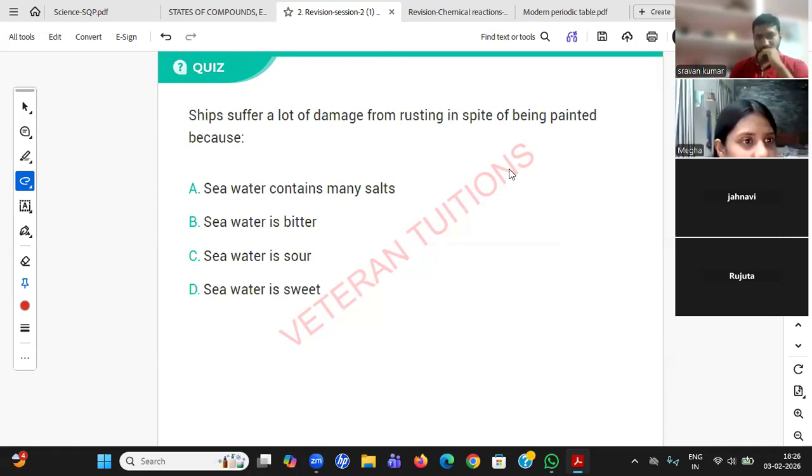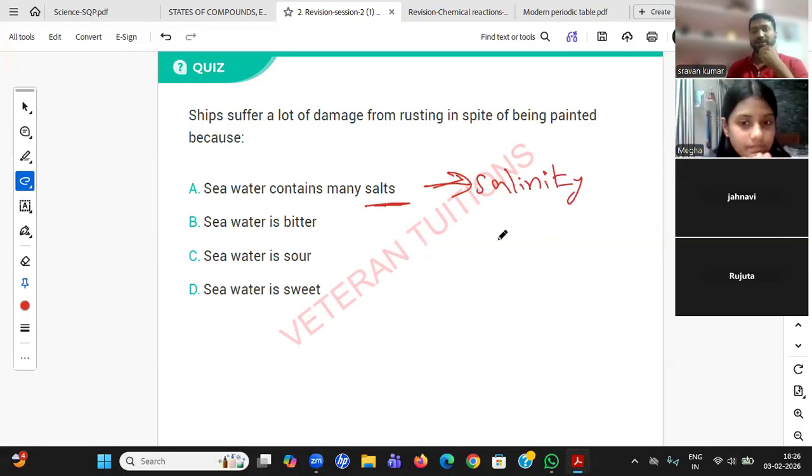Sir, salts like MgCl absorb water, right? So you want to say, sir, the salt will absorb more moisture to the surface. Absolutely right, student. The salinity of the water will increase conductivity.